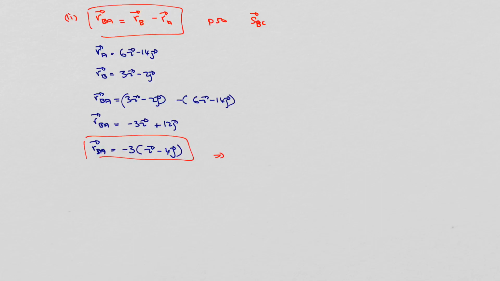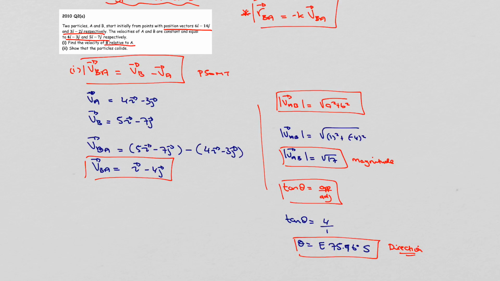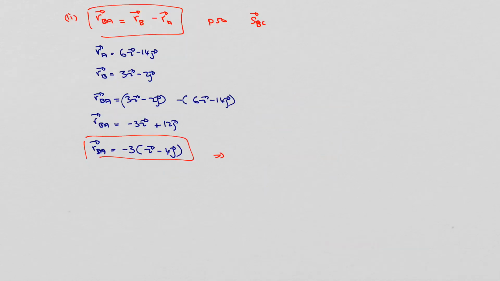Well, we notice that the velocity vector was i minus 4j. So here we have a negative value in front of it. In other words, our displacement vector is equal to minus a constant times the velocity vector. And therefore they must be on the same collision course.